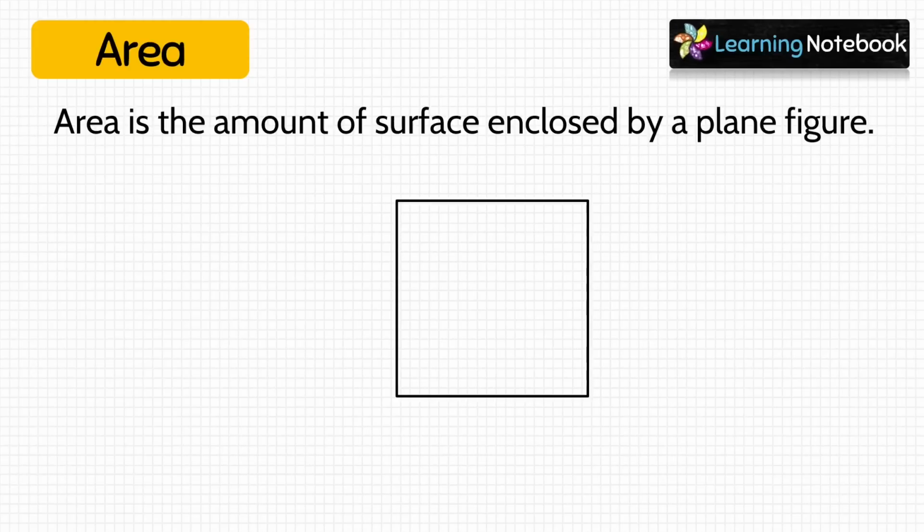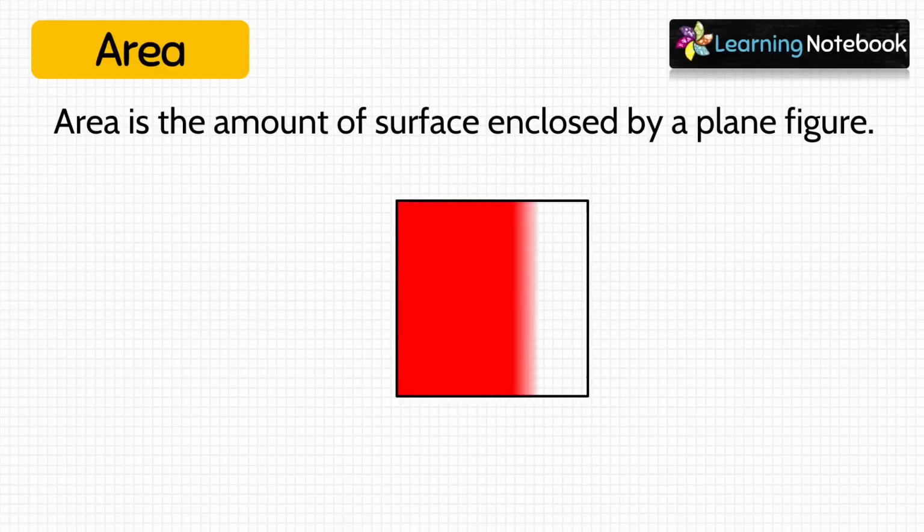Now, if we are filling color in this square, it means we are coloring the area of the square. So students, remember, area is the amount of surface enclosed by a plane figure.